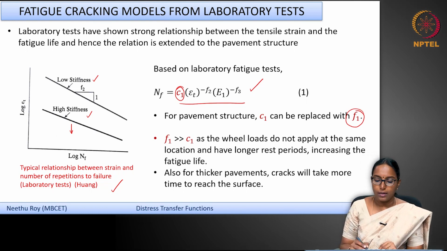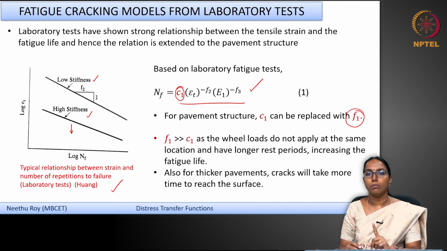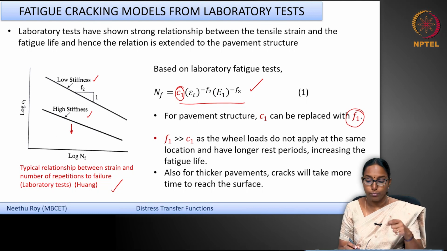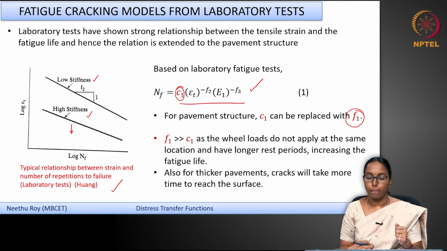But one has to note that this F1 has to be much greater than C1, because if you consider the pavement structure, it will take more load repetitions. All the wheel loads are not going to act at the same point in the pavement structure, and also there will be rest periods between two loads.